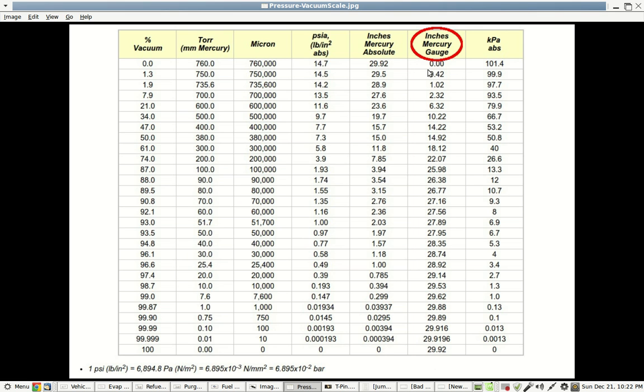That part is called inches of mercury gauge pressure, and at sea level it starts at 0 psi and then goes up. That is very confusing when you're starting to deal with this. So just keep in mind, in automotive, when I talk about inches of mercury, I'm actually talking about the vacuum side of it, or taking away from sea level, which is 14.7 psi.